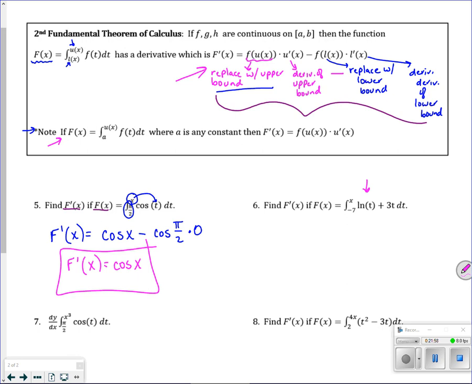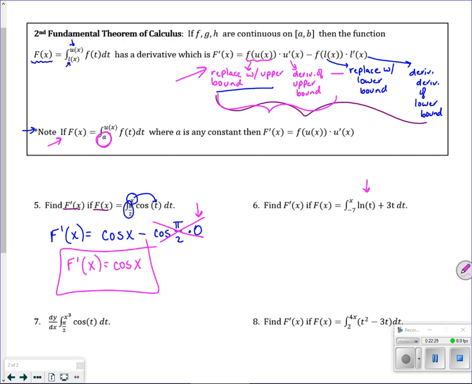If the bottom bound is a constant, it doesn't matter which constant it is, do you see that this part will go away? Because if you have a constant, that derivative of the lower bound will be 0 every time. So some people just go, okay, if the bottom is a constant, then I just forget it and I just do this first part. Yes, absolutely.